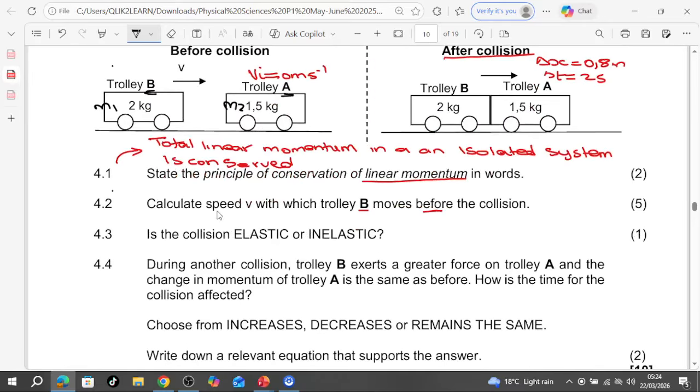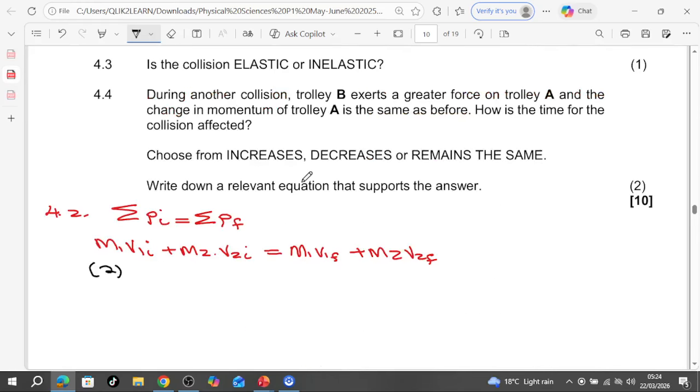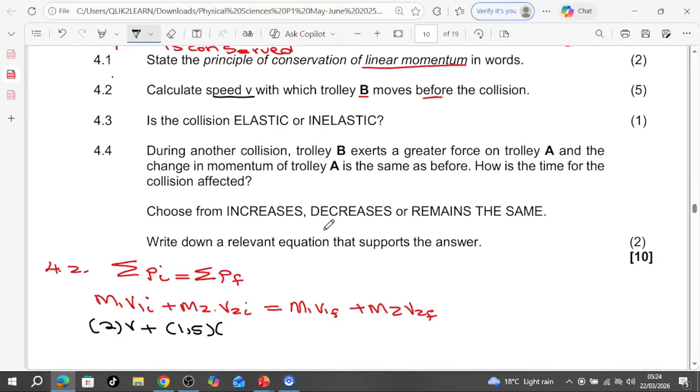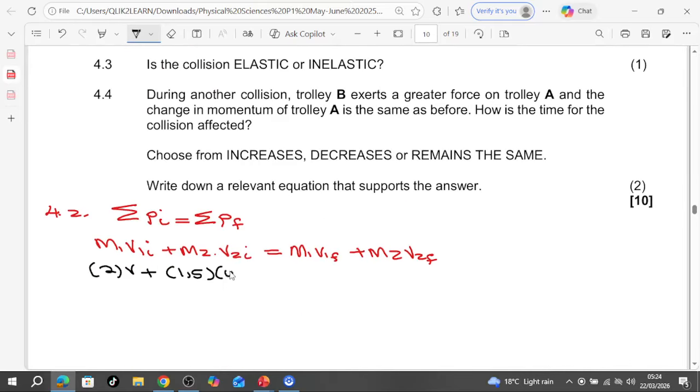They want us to calculate the speed v, so I'm going to leave this as v, because this is what I'm trying to calculate, plus mass 2, which we set as 1.5, multiplied by the initial velocity of trolley A. Remember, trolley A is the second mass, which is 1.5, and the initial velocity is 0. Let's quickly substitute that, and this is 0.